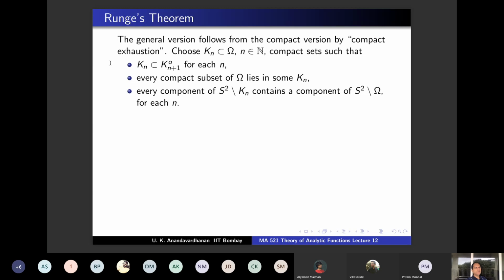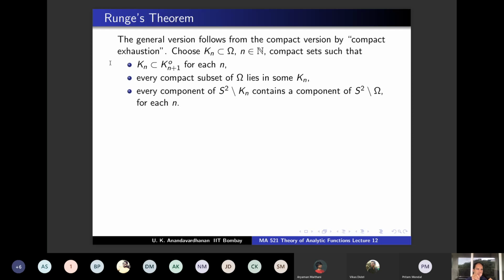So what is the picture? Pictorially, one good picture to keep in mind is that omega is an open annulus, let's say centered around 0. If you take a compact subset inside that, you can think of two obvious kinds of compact sets.